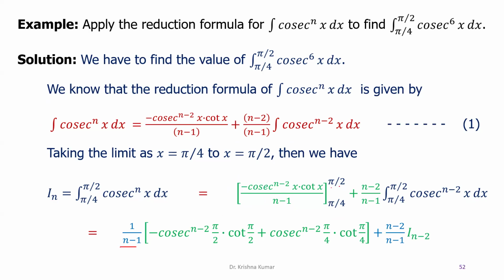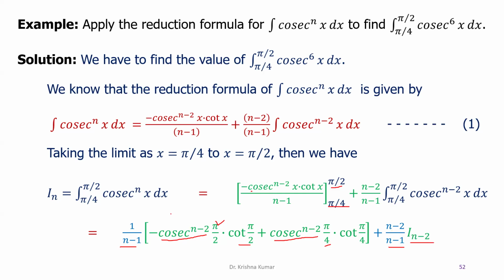Now if we put pi by 2, we get minus cosec to the power n minus 2 of pi by 2 into cot pi by 2, plus cosec to the power n minus 2 of the lower limit pi by 4 into cot pi by 4. Now plus n minus 2 upon n minus 1 into I n minus 2.